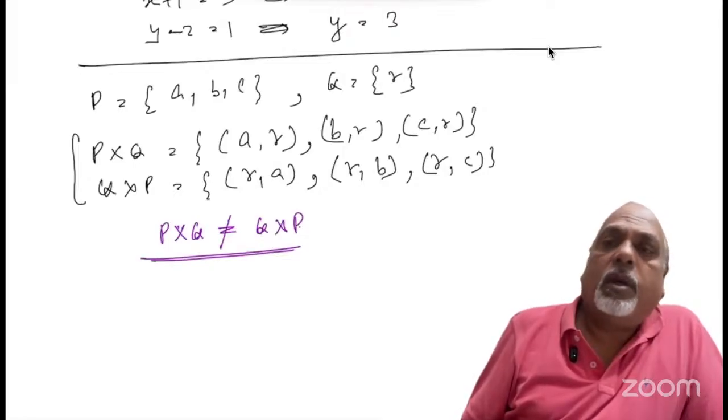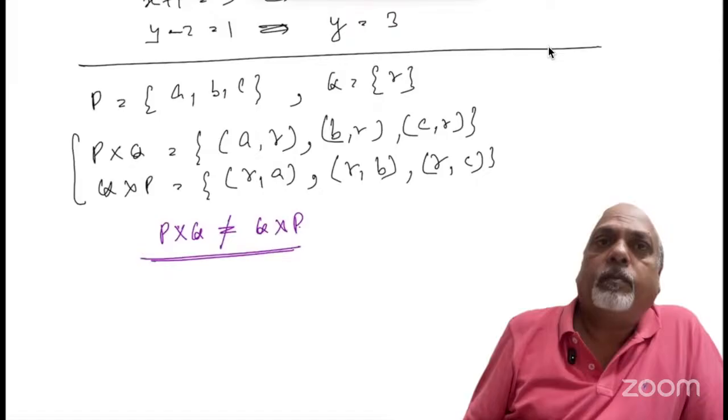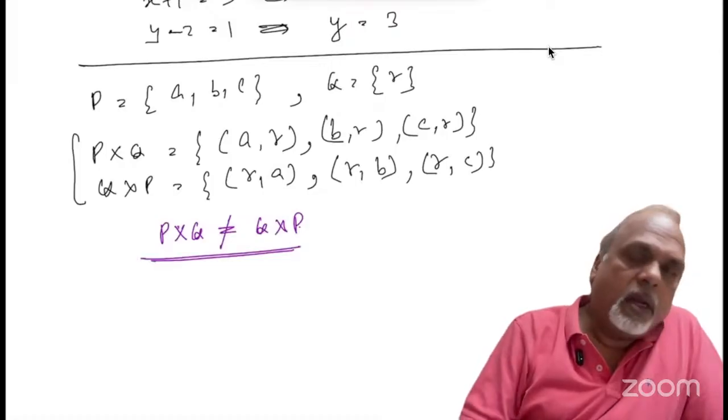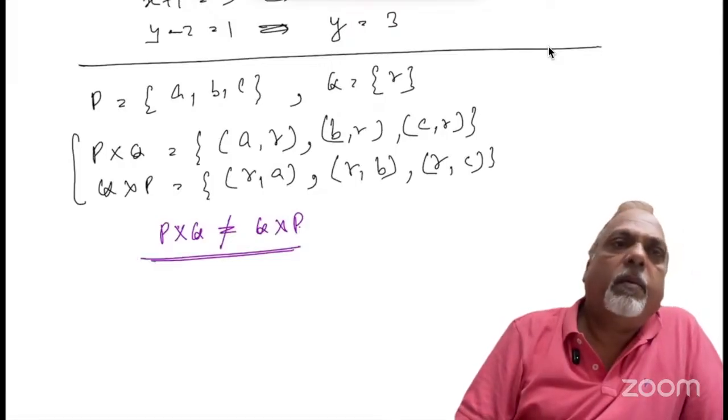P cross Q is not equal to Q cross P. However, the number of elements will be the same. Here, three numbers are there, so our number of elements will be the same.